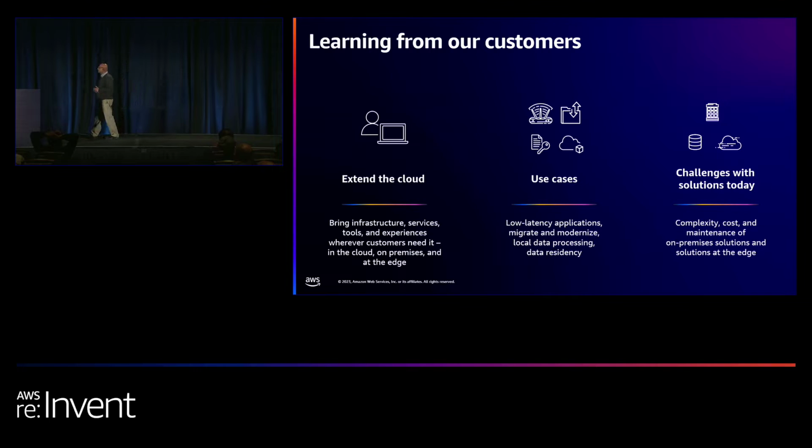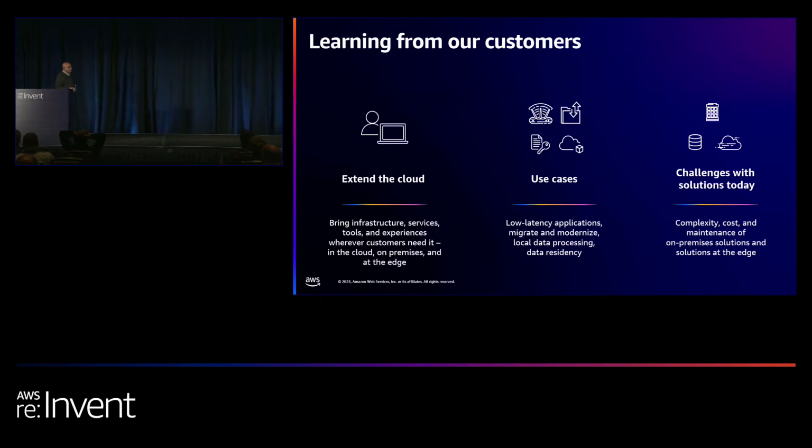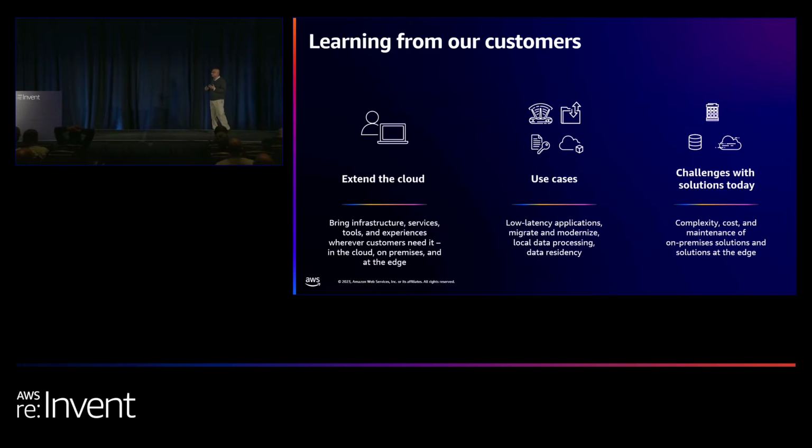Third, many of these applications are processing large amounts of structured and unstructured data, and it's difficult to move the data back and forth from the edge to the cloud, so they need to process it right there with local data processing. And finally, with data residency, many of these customers want to deploy the services and applications in their colos, which needs to be in a certain country or state or a geo-fenced boundary location.